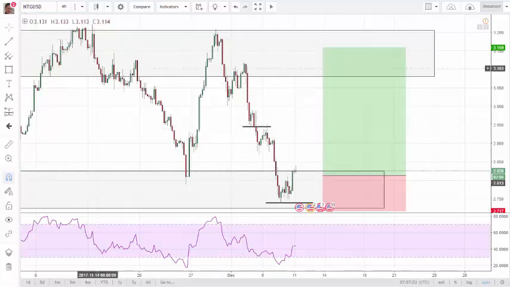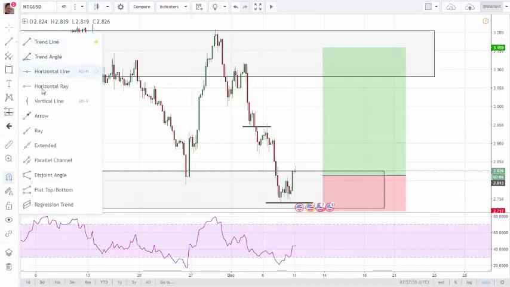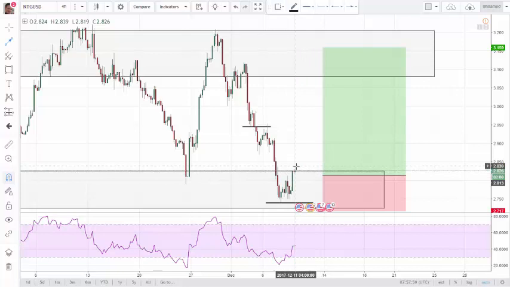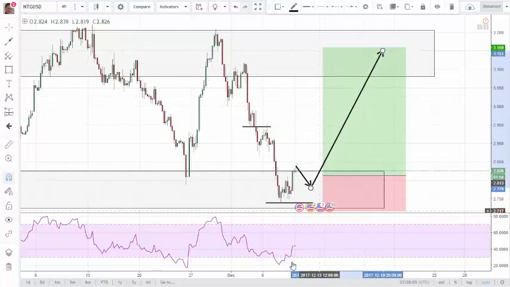The thing I am personally looking for is a reaction from this area, potential pull down, maybe pull back, and then we can see this one go to the upside. So this would be a nice entry area. Let's see how price will behave. It's just Monday, so let's see what happens.